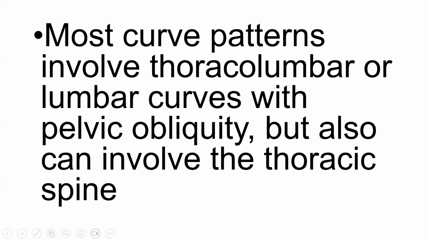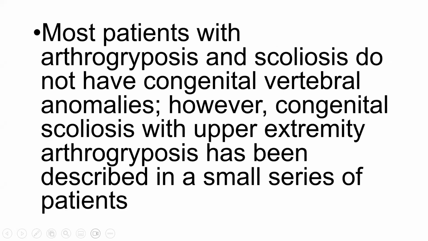Most curve patterns involve the thoracolumbar or lumbar curves with pelvic obliquity, but also can involve the thoracic spine. Most patients with arthrogryposis and scoliosis do not have congenital vertebral anomalies. However, congenital scoliosis with upper extremity arthrogryposis has been described in a small series of patients.